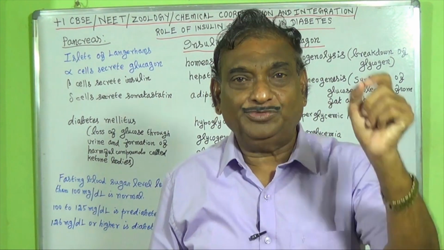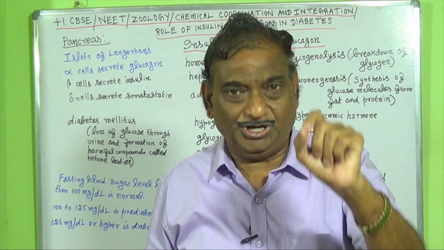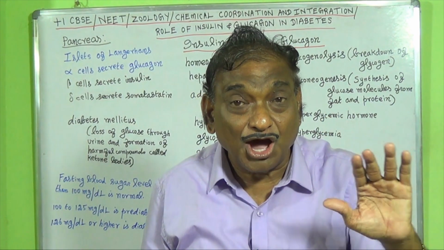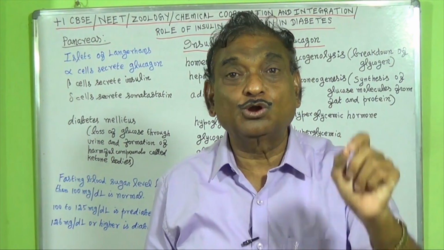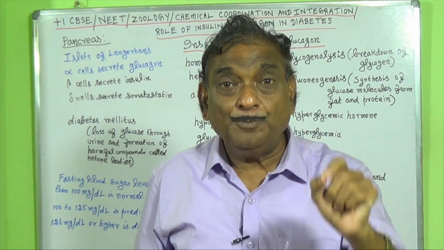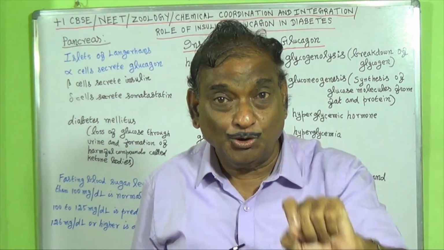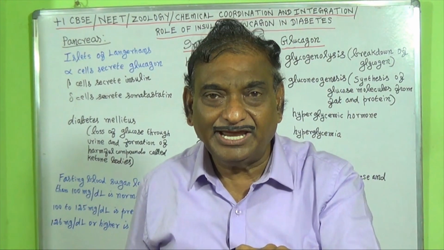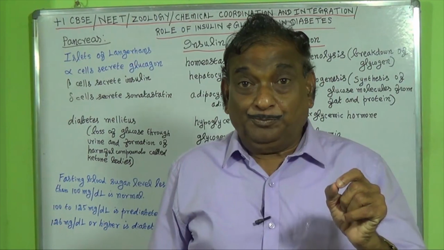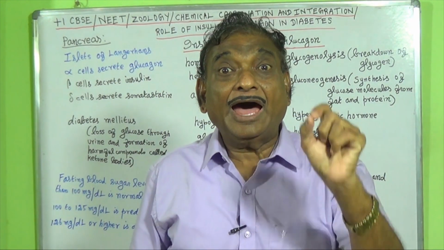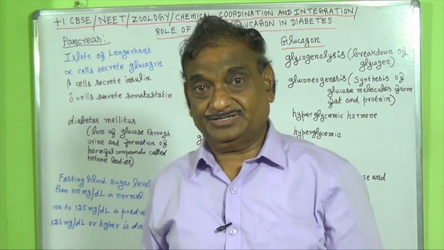The duty of this somatostatin hormone is to inhibit the secretion of insulin and glucagon. This somatostatin hormone is a polypeptide hormone with 14 amino acids and disulfide. It plays an important role in the secretion of islets of Langerhans.